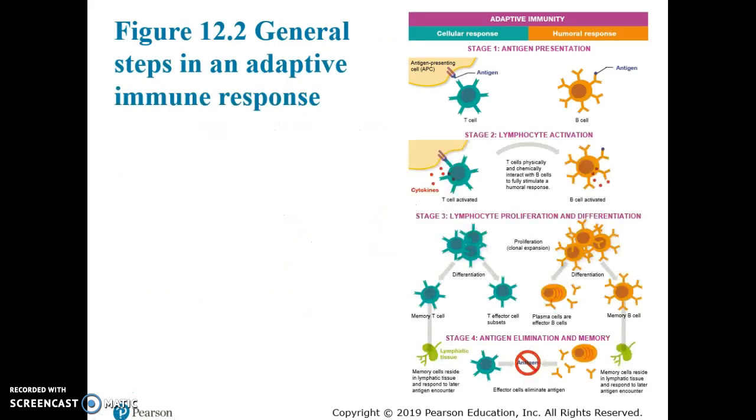So here's a general overview of what's occurring within the adaptive immune response. On the left, you have the cellular response, which you can see here is the T cell, and here you have the B cell. Both involve these cells interacting with the antigen, and we have talked about what an antigen is, a foreign material.